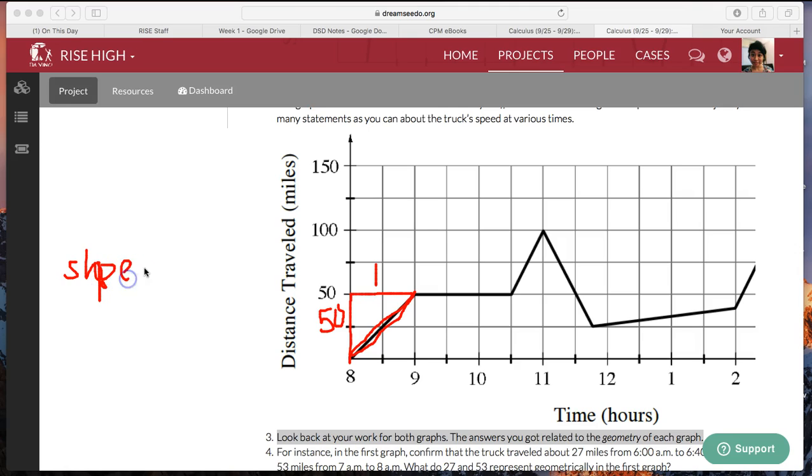Slope equals change in y over change in x, which was 50 miles over 1 hour. This is our speed, sorry. Speed.